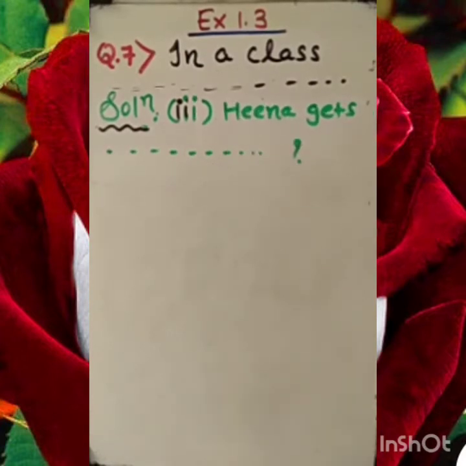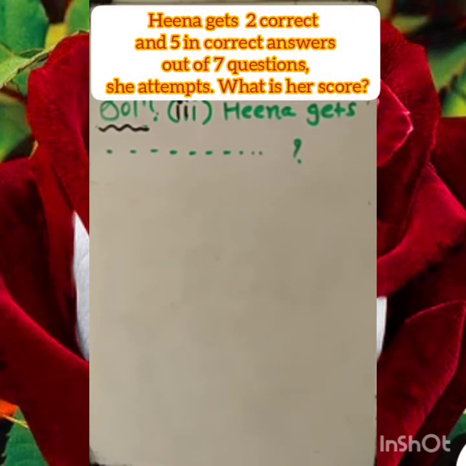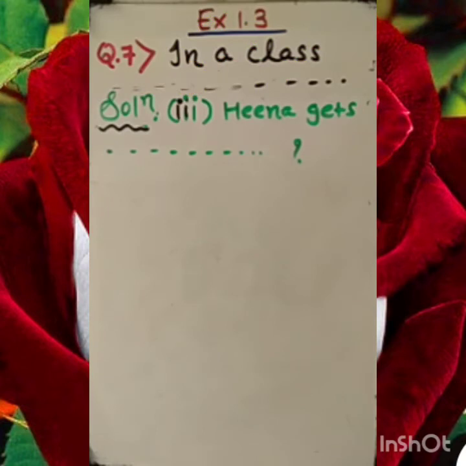The third part of the question is, Hina gets 2 correct and 5 incorrect answers out of 7 questions she attempts. What is her score? Actually, total questions are 10, as given in the beginning of the question.